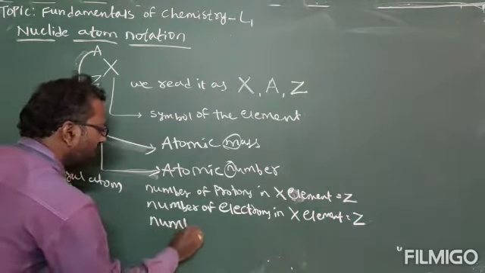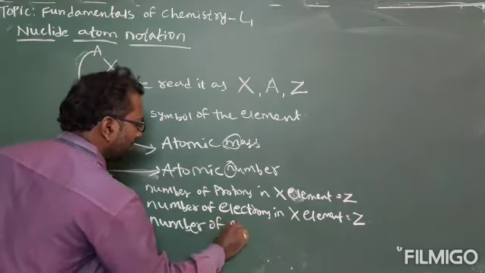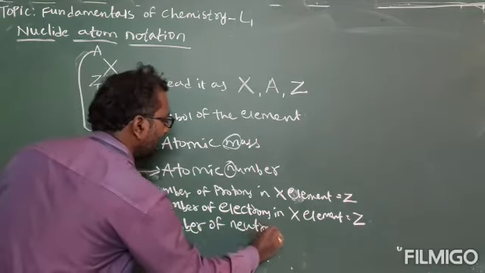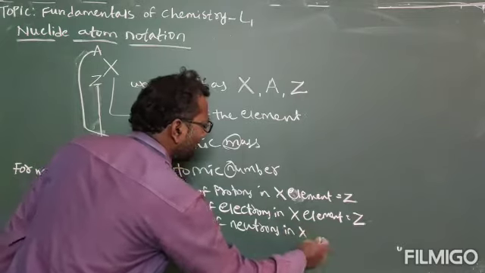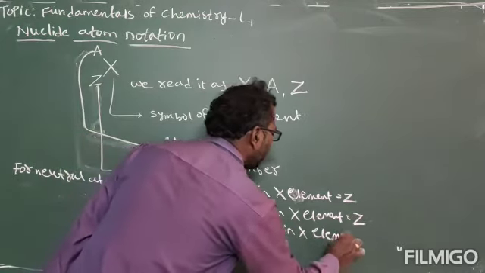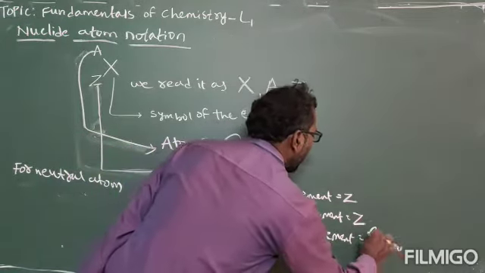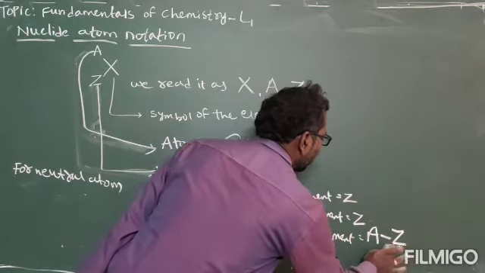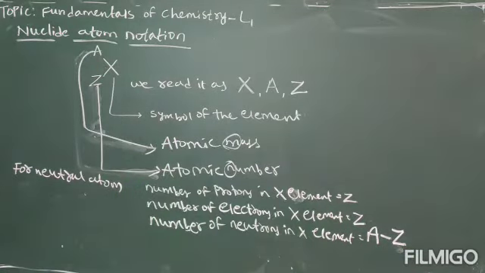The number of neutrons in the X element is A minus Z. Okay, A minus Z.